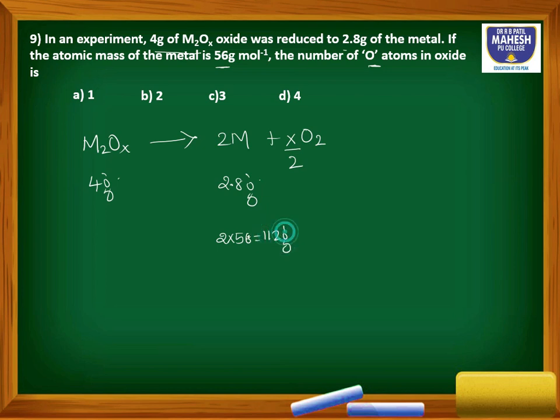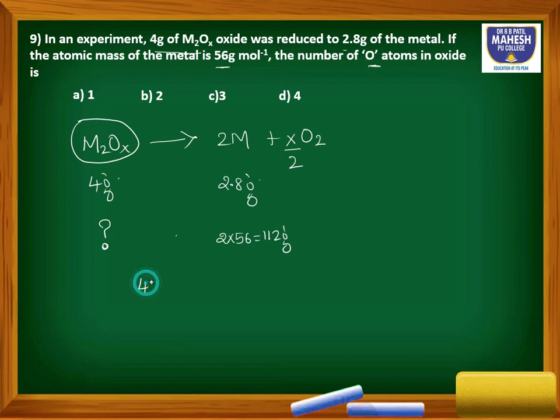What is that, students? 56 is a molar mass. So 2 moles are present, that's why 112 gram should be obtained by the molar mass of the M2Ox. Am I correct?